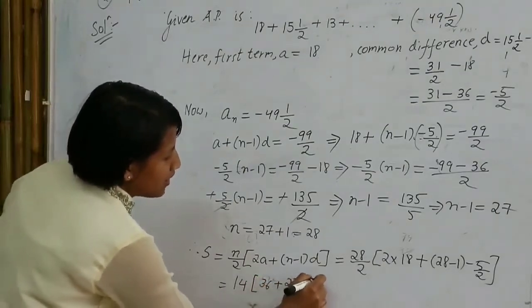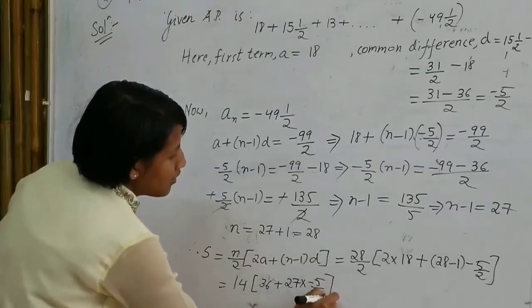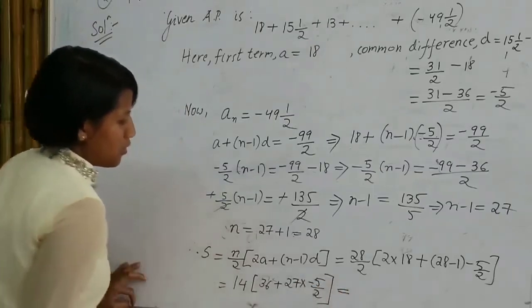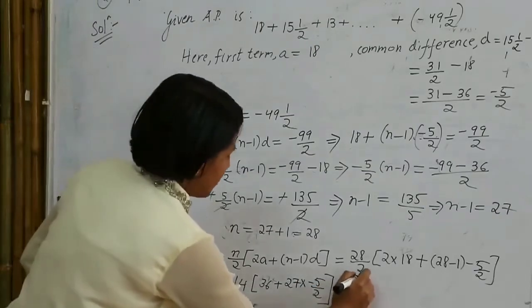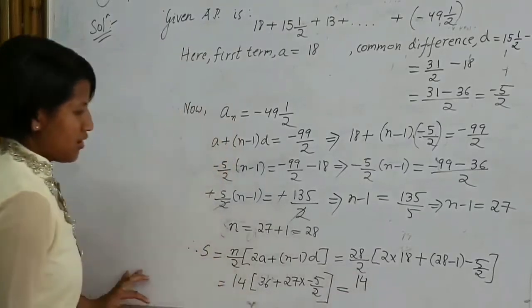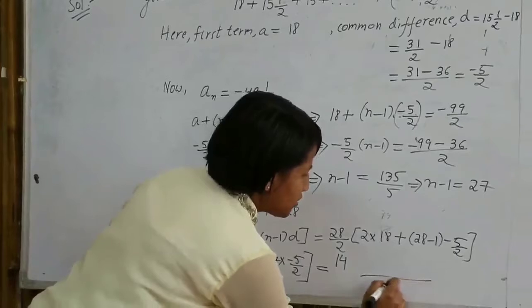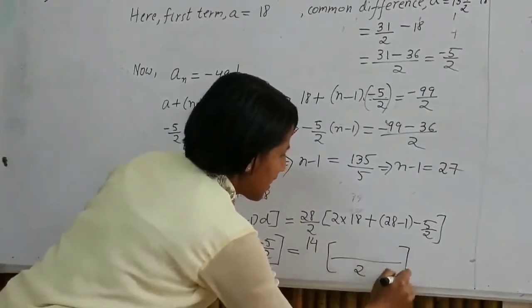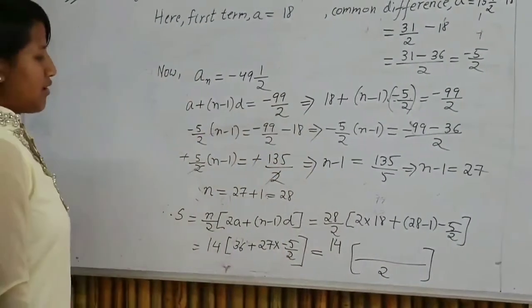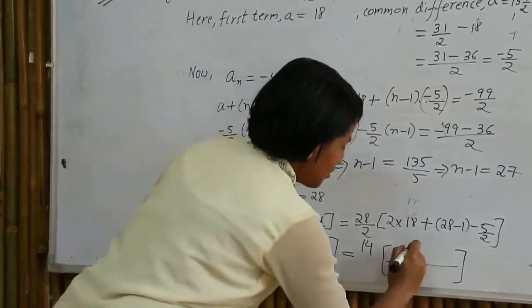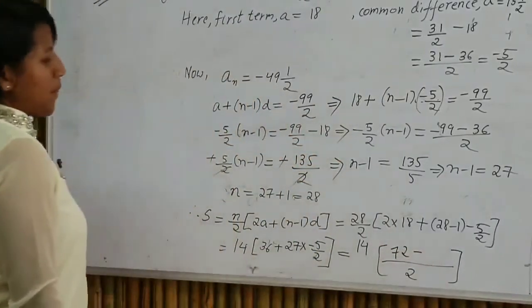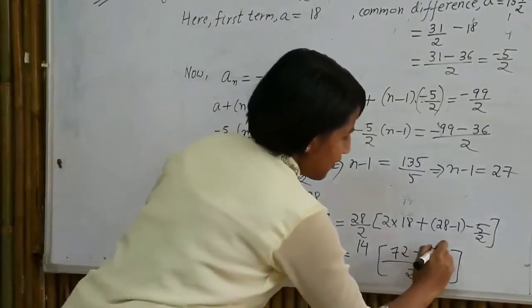27 into minus 5 by 2. Then this one, take LCM, you will get 2, and then 72 minus 135.